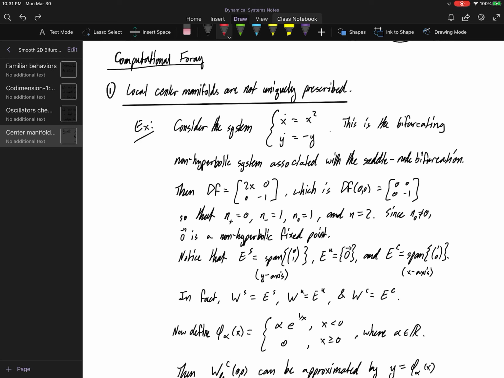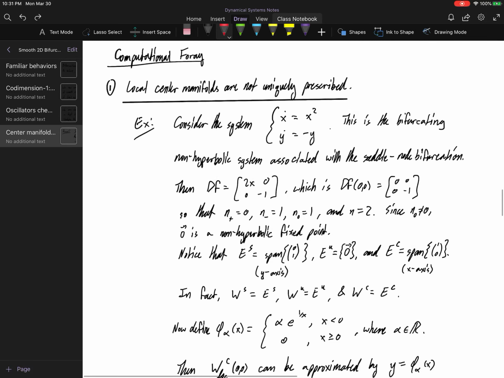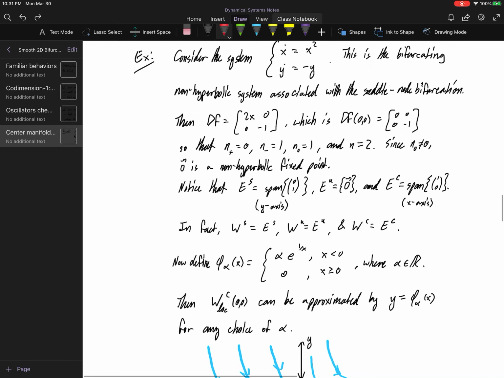Since n_c is not 0, we do have a center manifold. So that means that this is a non-hyperbolic fixed point at the origin. So notice that we can go ahead and compute the usual eigenspaces. This is a diagonalizable system, so we don't have to worry about generalized eigenvectors. So diagonalize the system as you normally would, and you find that the stable eigenspace is spanned by (0, 1).